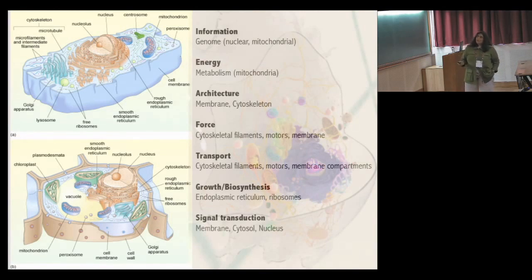When we think about what governs the architecture of a cell, obviously it's dependent on information that's encoded within the genes, but the components that actually enforce that architecture are primarily the membrane that envelops the cell and structures that form part of what we call the cytoskeleton, right?